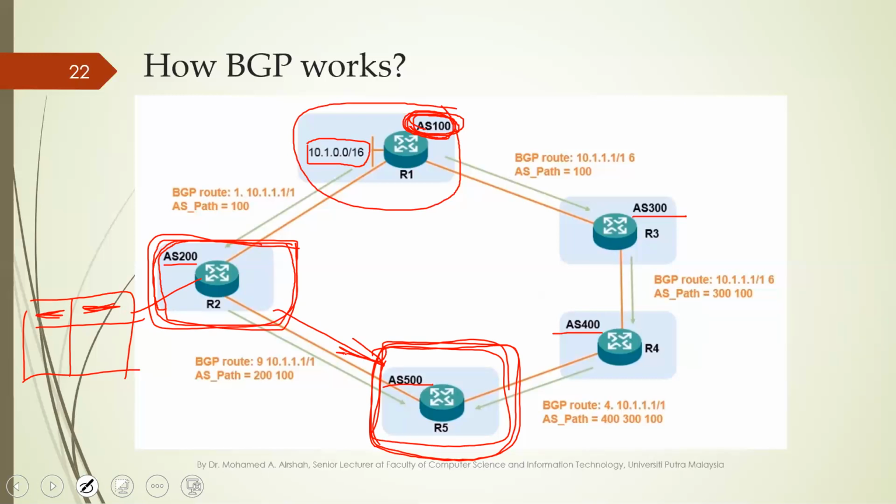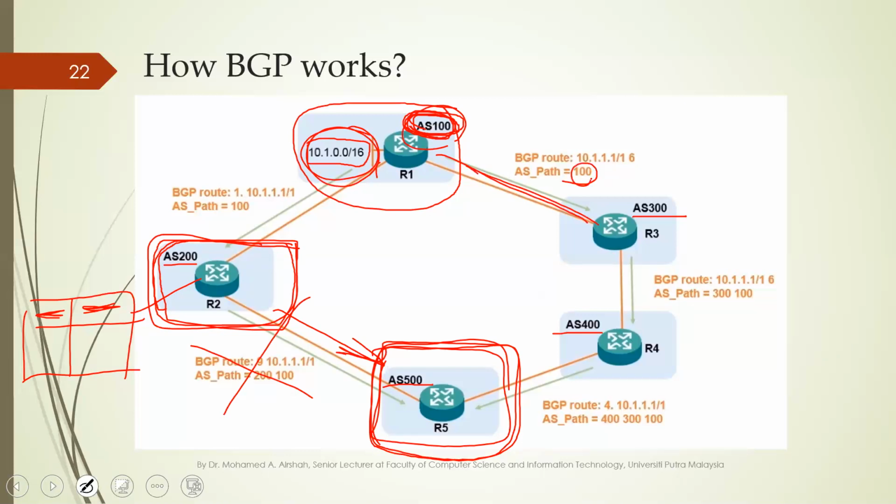So this network can be sent, I don't know, I think some information is wrong here. Oh, this example is not correct, so let us take this side. This router will send information about this to here, followed by 100.